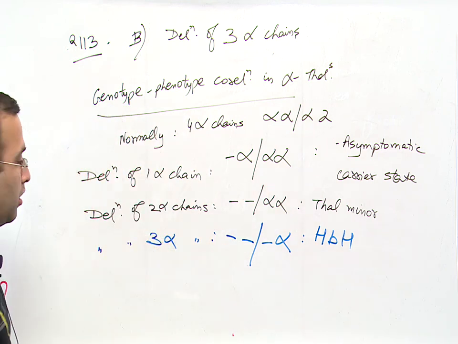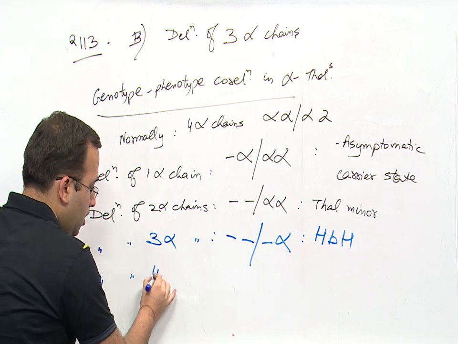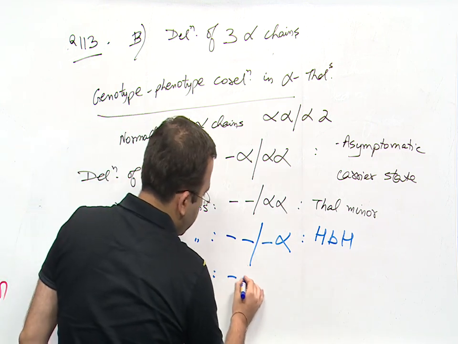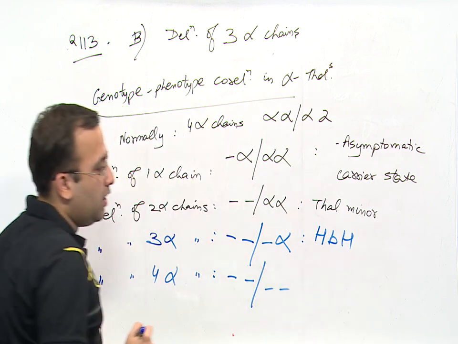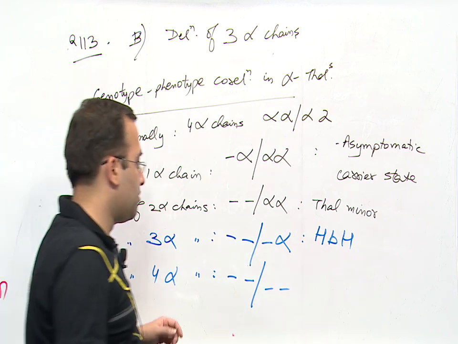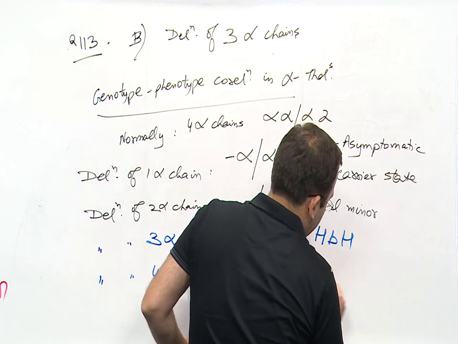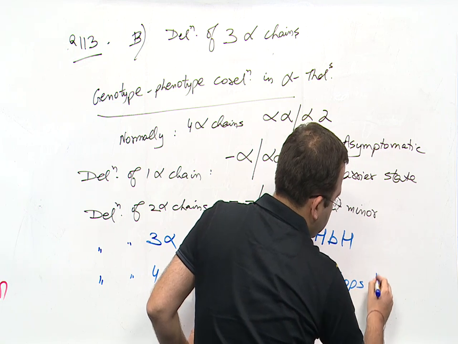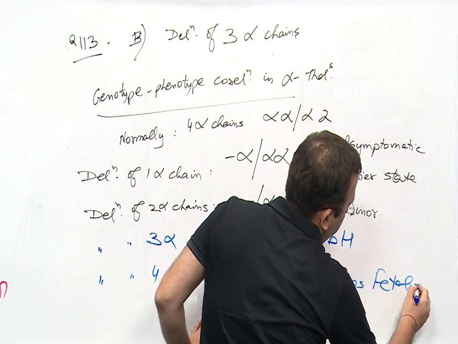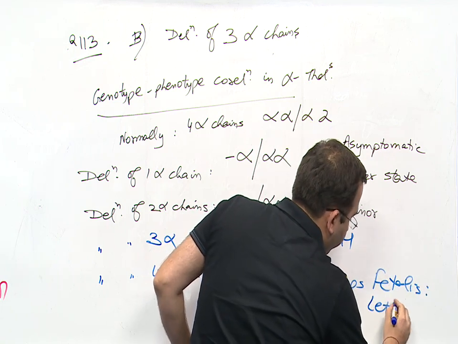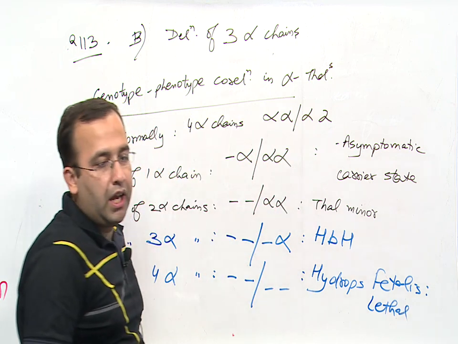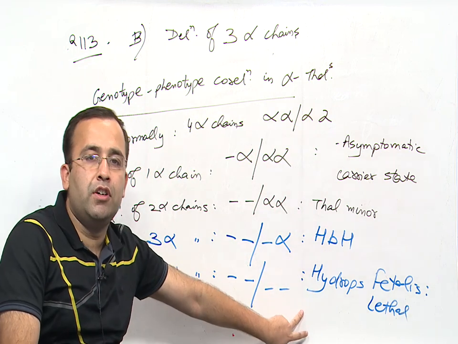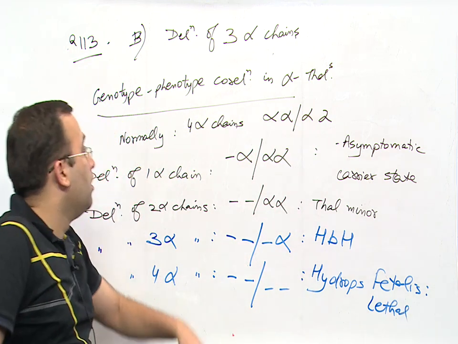This was the question. Whereas deletion of 4 alpha chains, all 4 deleted, minus minus minus minus, is Hydrops fetalis, which is lethal in utero if transfusions are not given.